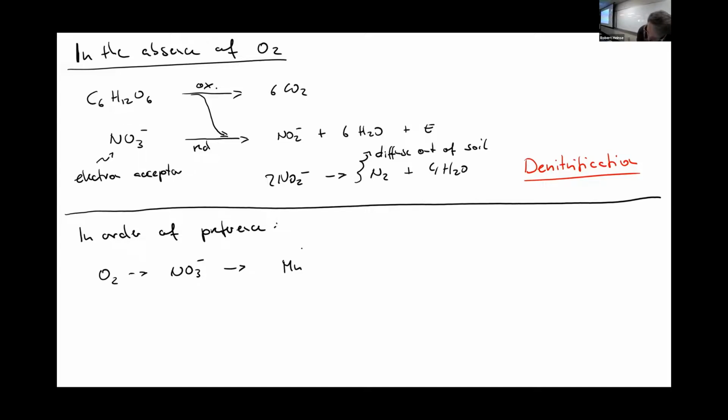Then you're going to go to manganese, or the oxide forms, iron, sulfate, and lastly, you're going to go to methanogenesis.